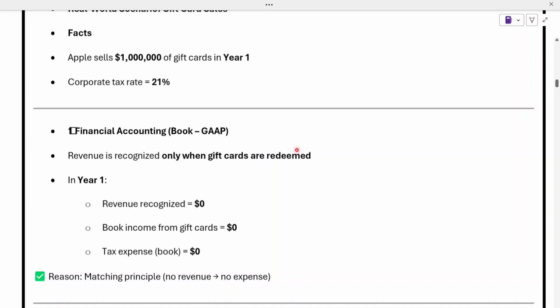Because those gift cards are still not being used by the customer. So the books, as per GAAP or generally accepted accounting principles, will say there is zero revenue, book income for the gift card will again be zero, and the taxes again will be zero. Why? Because there is no revenue, so we cannot charge the expenses as well.